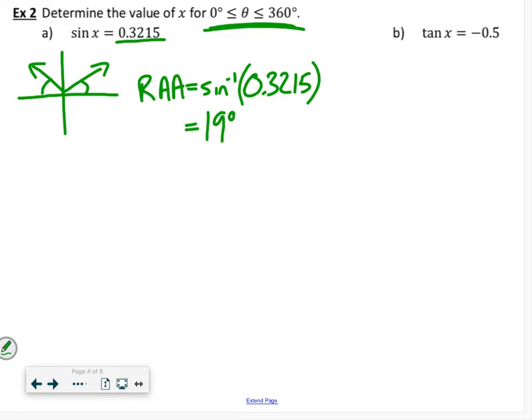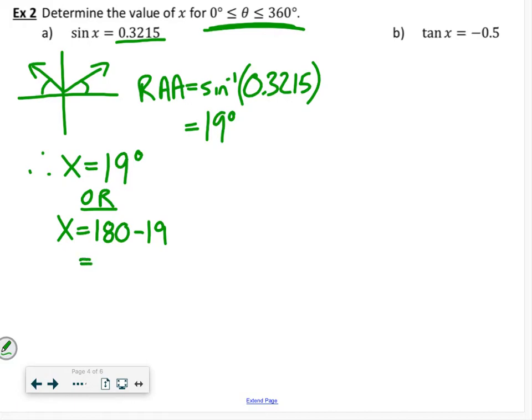If it's 19 degrees, that means that therefore x equals 19 degrees, or 180 minus 19, which is 161 degrees. Now I'm going to let you do the second part of this question on your own.